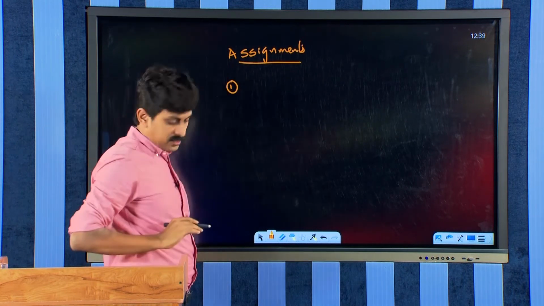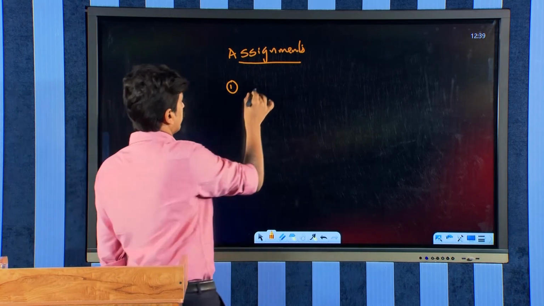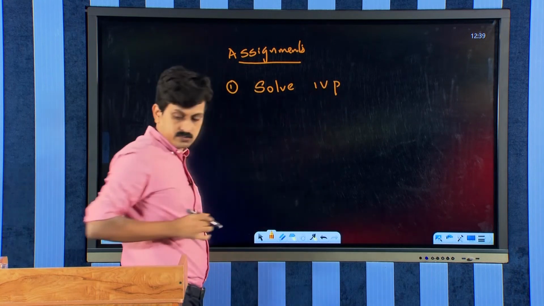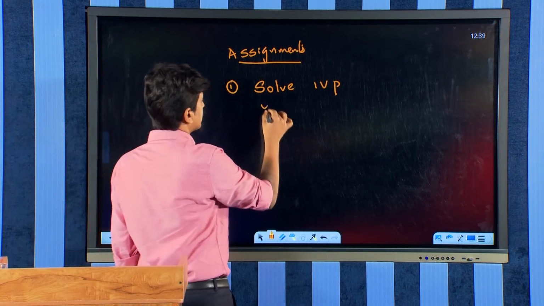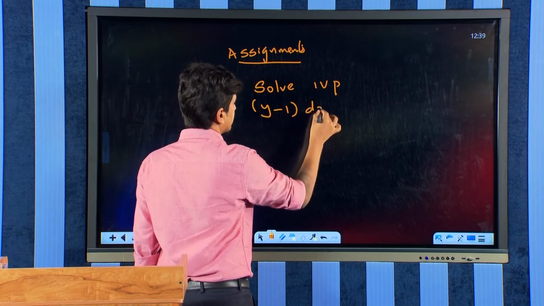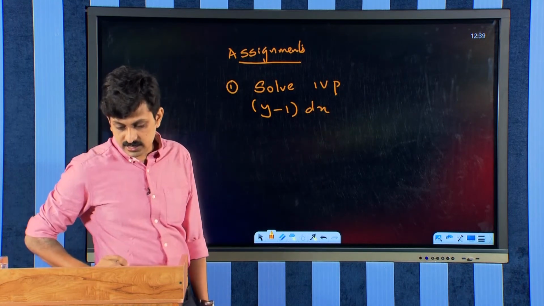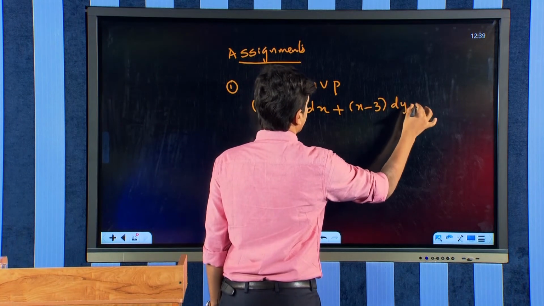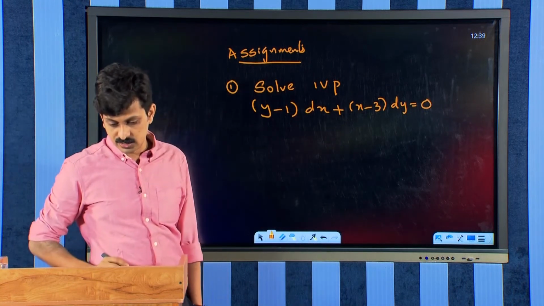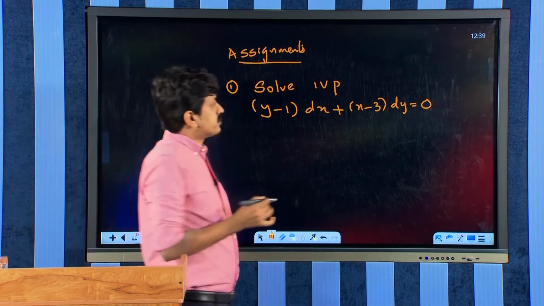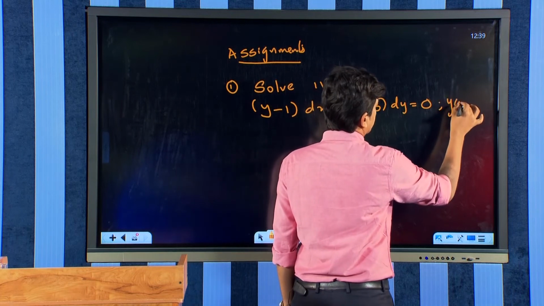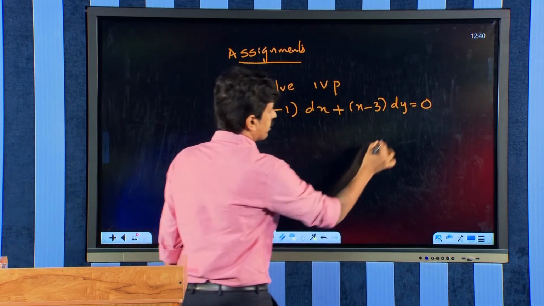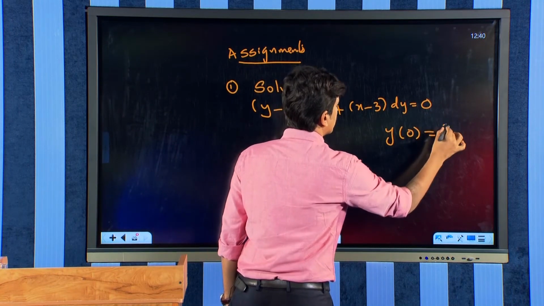The first one is solve the initial value problem: (y minus 1) dx plus (x minus 3) dy equal to 0, and y of 0 equal to 2 by 3.